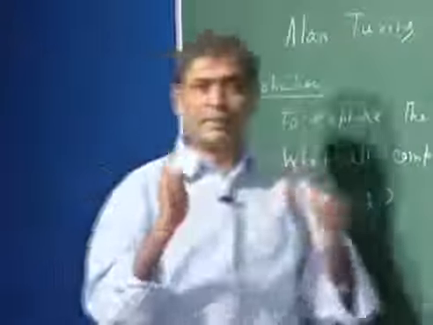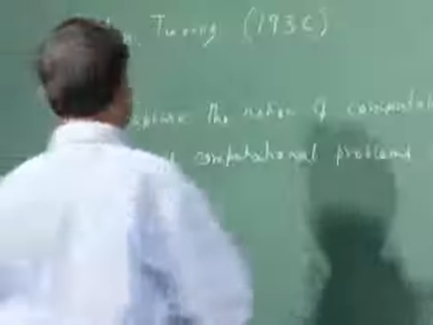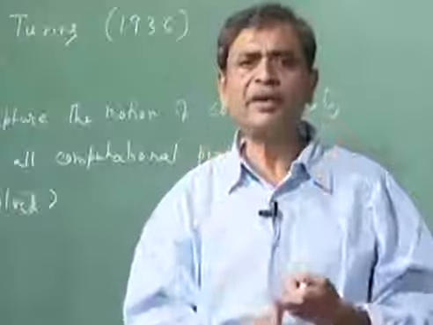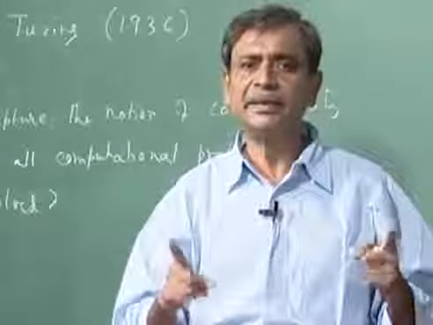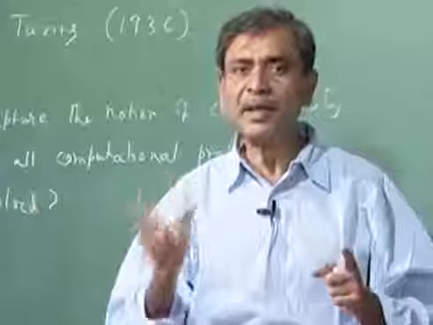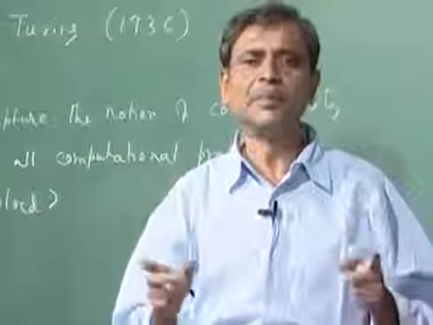So, we are capturing once and for all the notion of computability. How is it at all possible that today we define something and say that this definition stands forever, so far as a concept like computability is concerned?